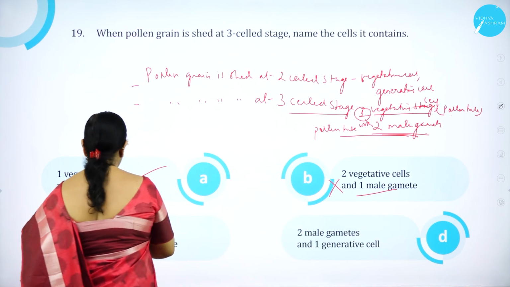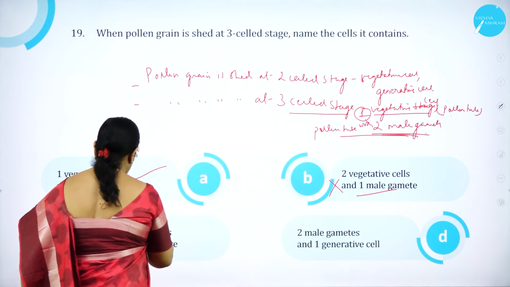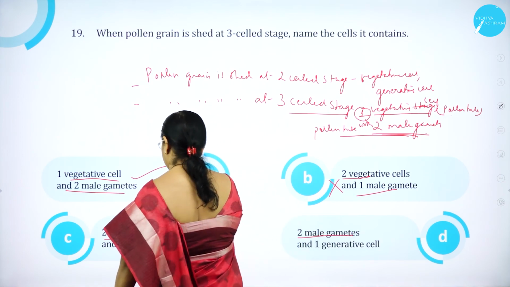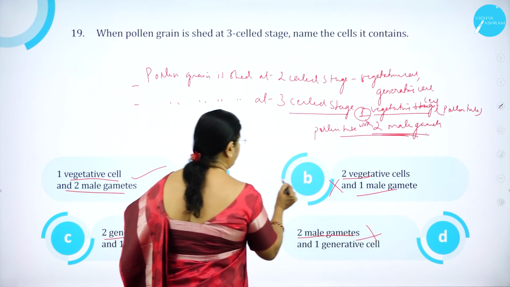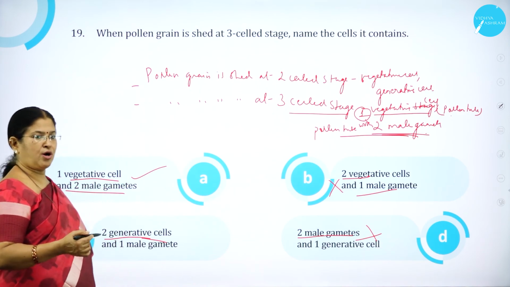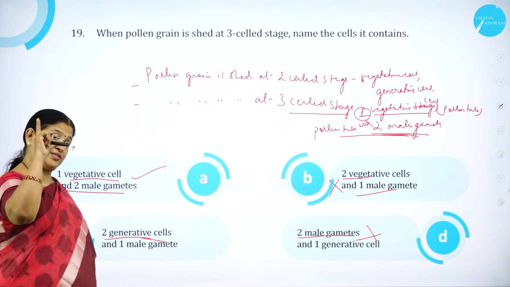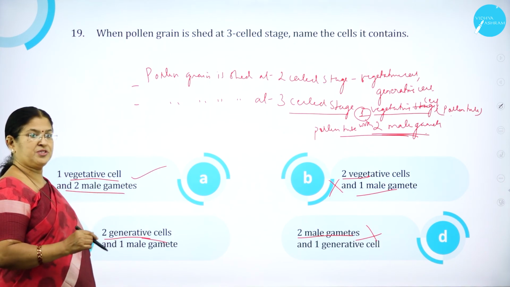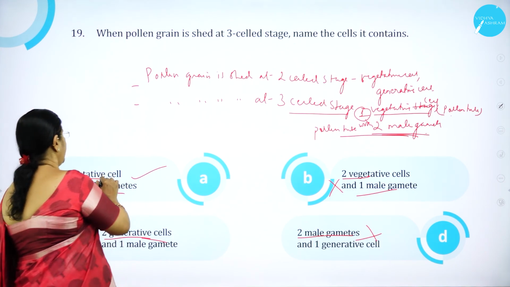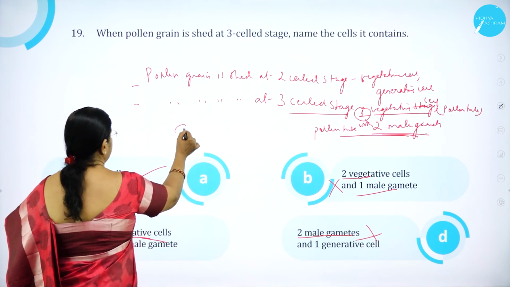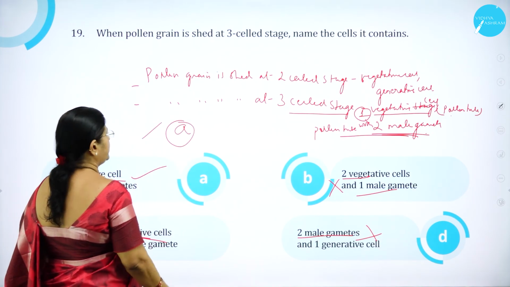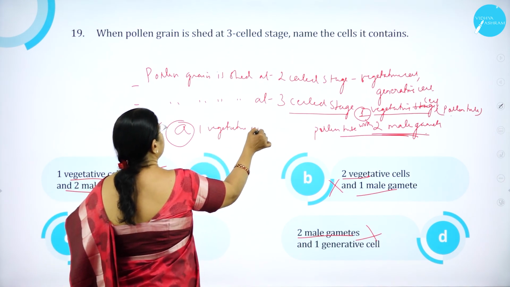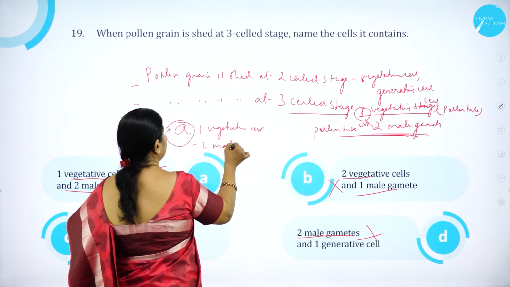Here also you can see in the options, here also 2, here also 2 vegetative cells. So, the option itself we can make out which is the wrong option. Just try to select the first one. If it is correct, you can make a guess among the 4 options which is correct. So here you can see it is option A. Option A is what? 1 vegetative cell and 2 male gametes.